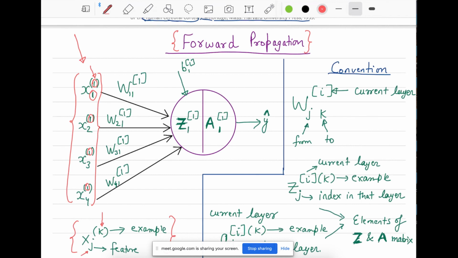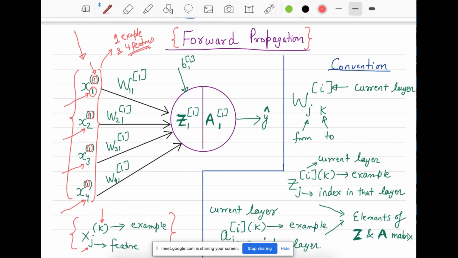These are the features of that particular example. Right now we are considering only four features. So you can see here I am writing it as a subscript over here. So four features are here and only one example. This particular layer is having one example and this particular example has four features.